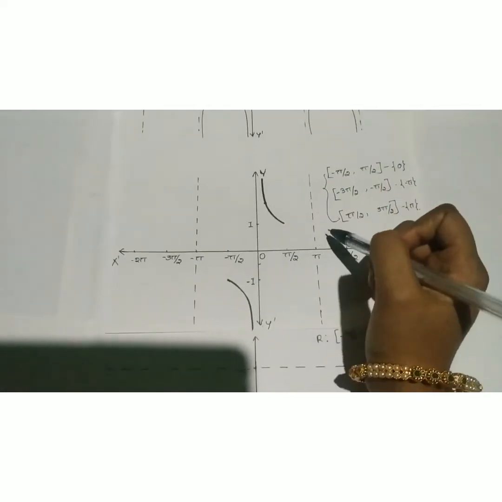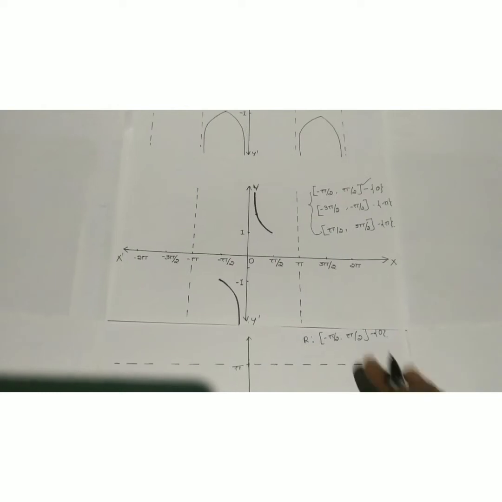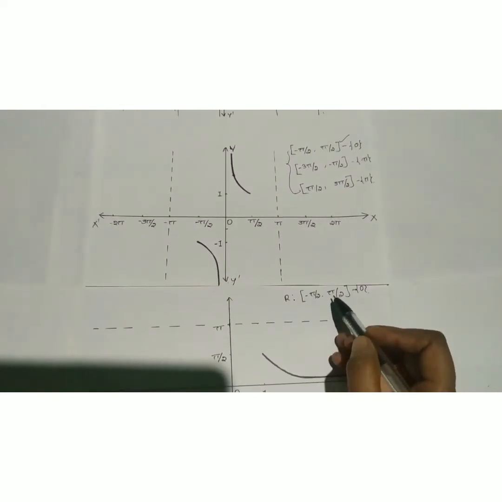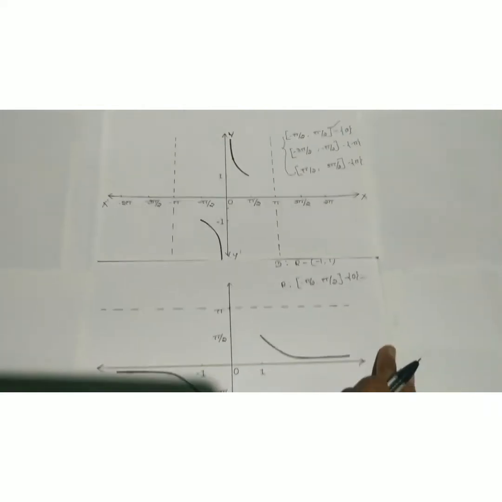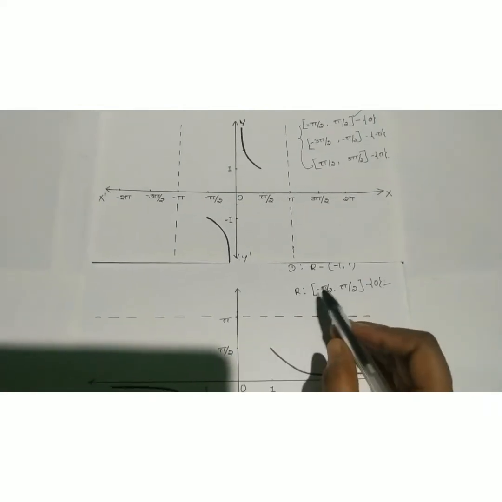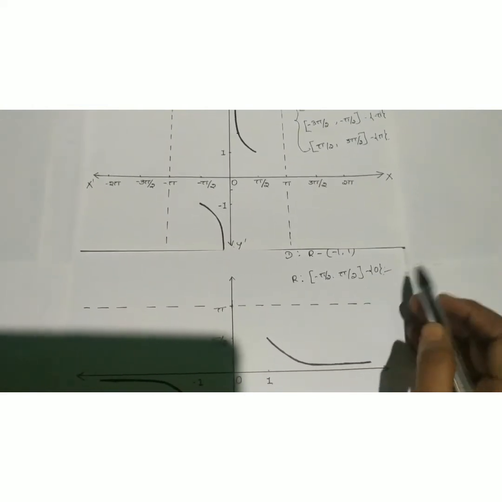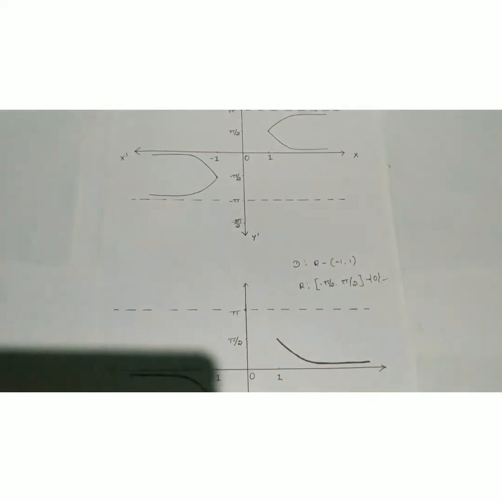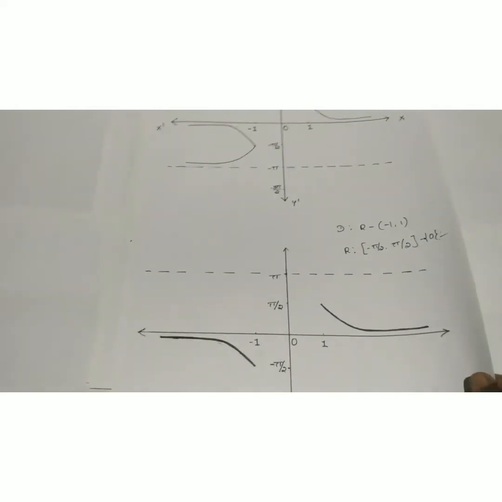Range value can be any of these intervals, but the branch with the range closed interval minus pi by 2 to pi by 2 except 0 is the principal value branch. So that's why the range of the cosec inverse function is the closed interval minus pi by 2 to pi by 2 except 0. So this is the graphical representation of the cosec inverse function.